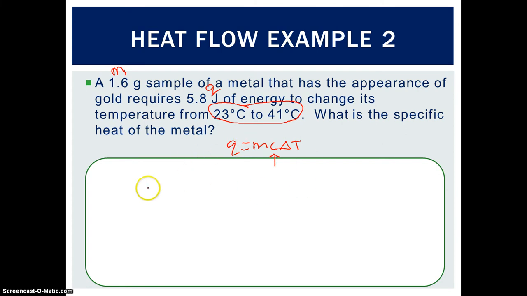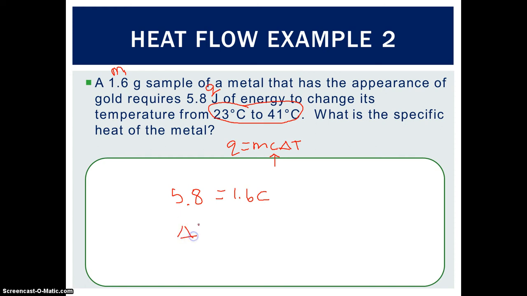So let's go ahead and plug in everything I know. Q is 5.8. M is 1.6. C is what I'm looking for. And delta T I have to find.